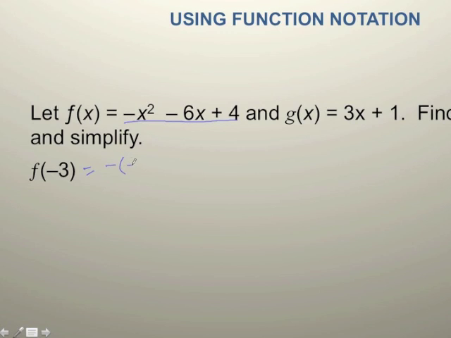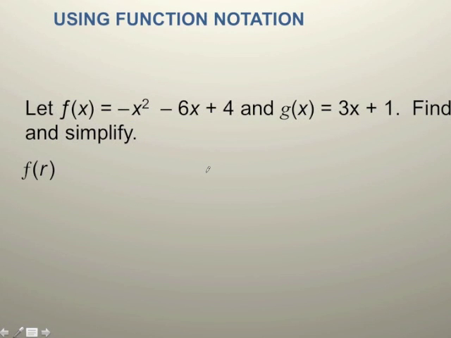So it's negative, and then the -3 squared, minus 6 times -3, plus 4. Well, -3 squared would be 9, so -9, then -6 times -3 is plus 18, plus 4, so 9 plus 4, or f of -3 equals 13. In your notes, make sure you show the steps for that.